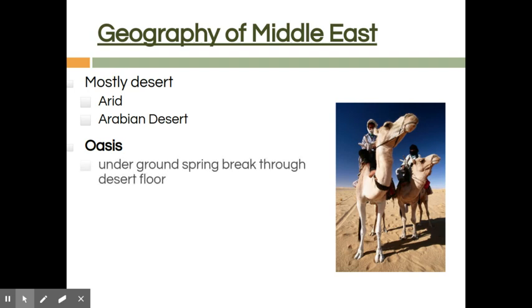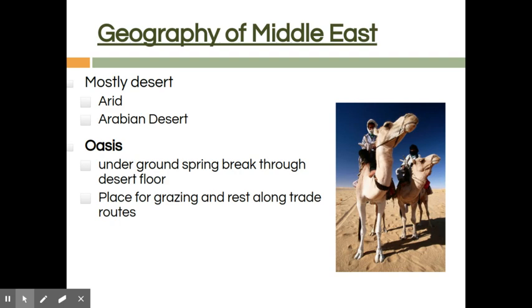Another thing that we need to talk about is the term oasis. An oasis is an area where an underground spring has broken through the desert floor, causing it to pool or pond, sometimes becoming, I want to say a lake, but a nice stream where it allows plants to grow. Trees can actually grow around it as well.